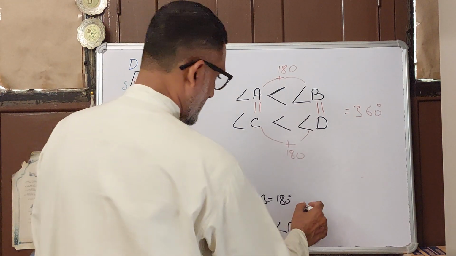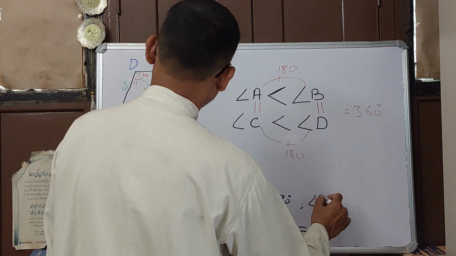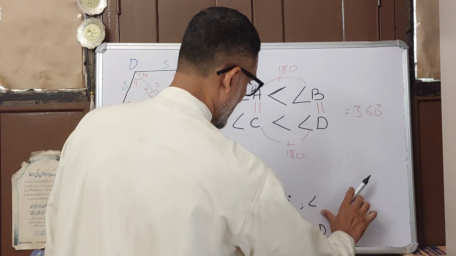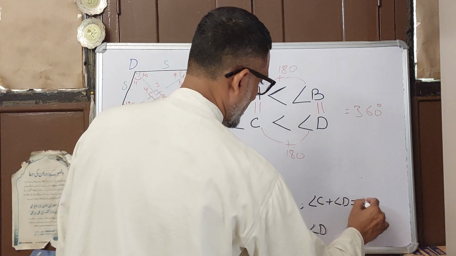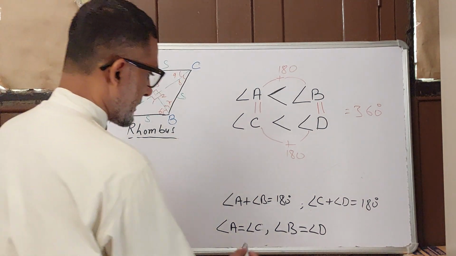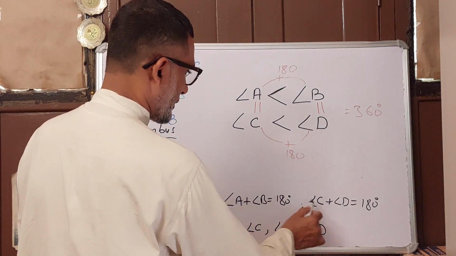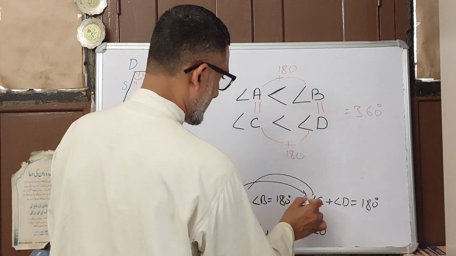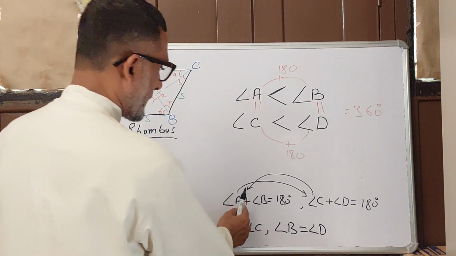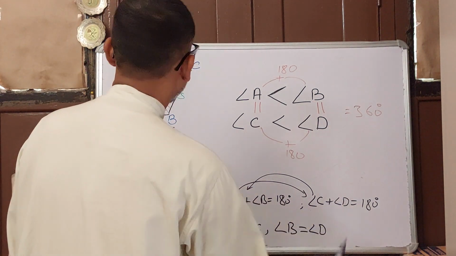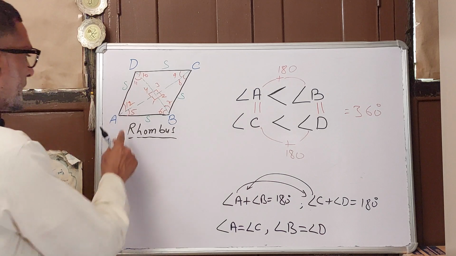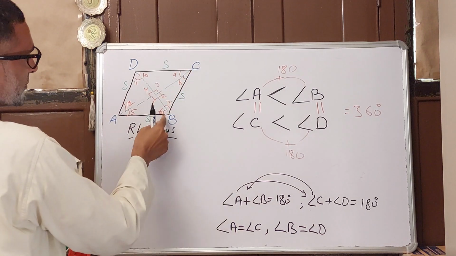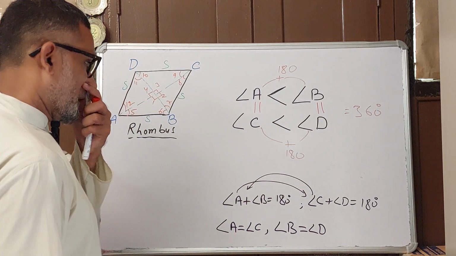So angle A plus B is 180, and angle C plus D is 180. Since A is equal to C, we can also write C plus B is 180 degrees, and A plus D is 180 degrees.